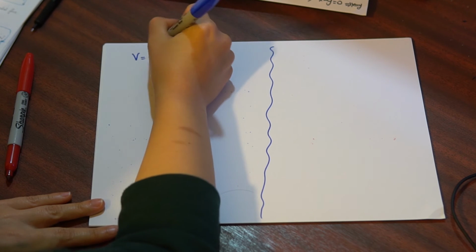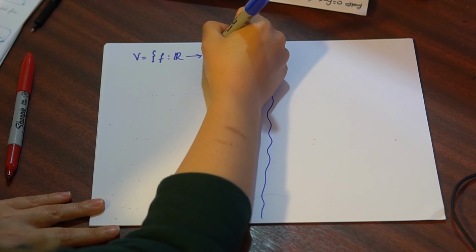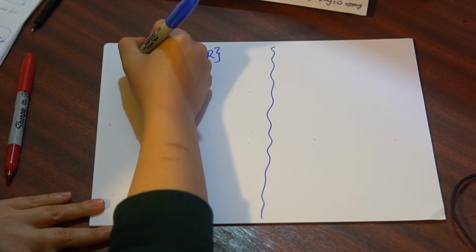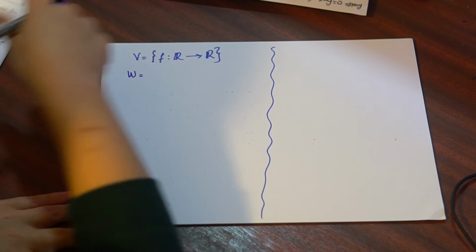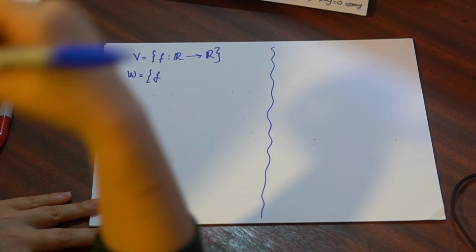Now V is the functions from real numbers to real numbers, and W is the odd functions of real numbers.